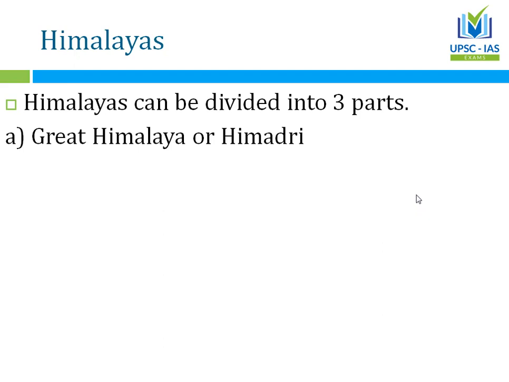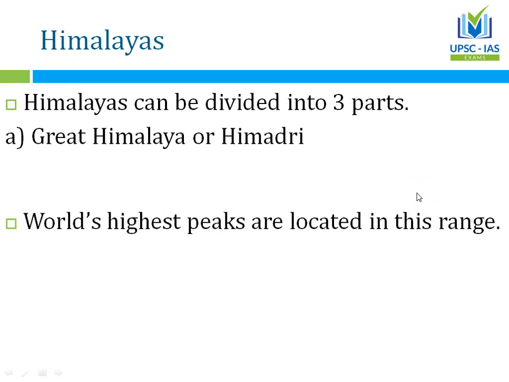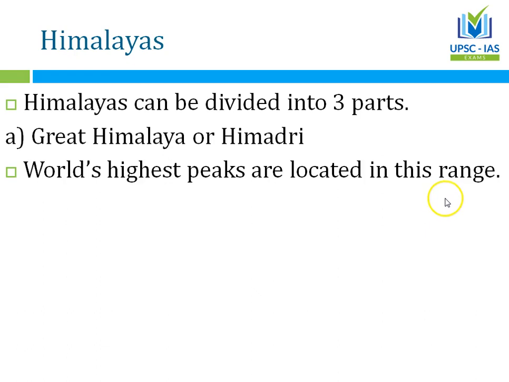The name itself suggests that Great Himalayas has the world's highest peaks. K2, then Kanchenjunga, Mount Everest and all other highest peaks of the world are located in this part of Himalaya.